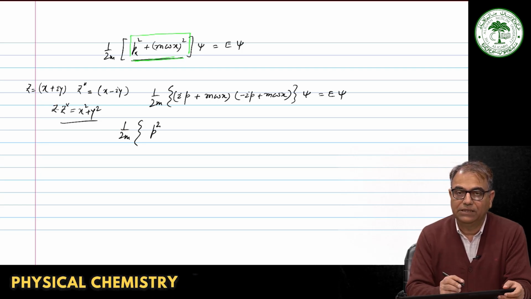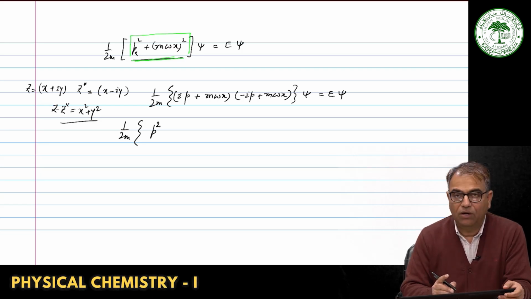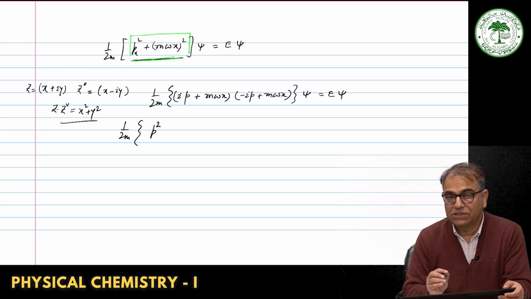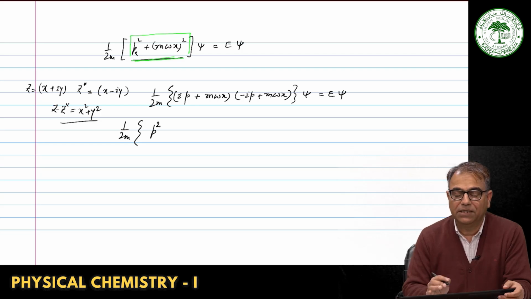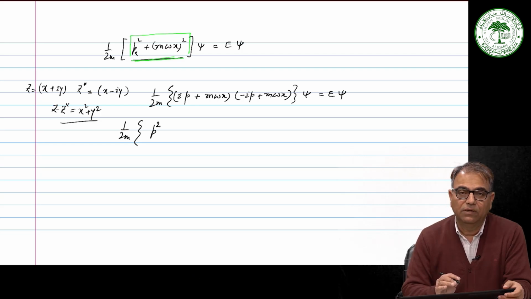We are doing algebra of operators, so this should always be in your mind. What is the difference between the two? In number algebra and in operator algebra, the difference is that the sequence matters. In case of numbers it does not matter, but in case of operators it does. Sequence of operation is very important in operator algebra.